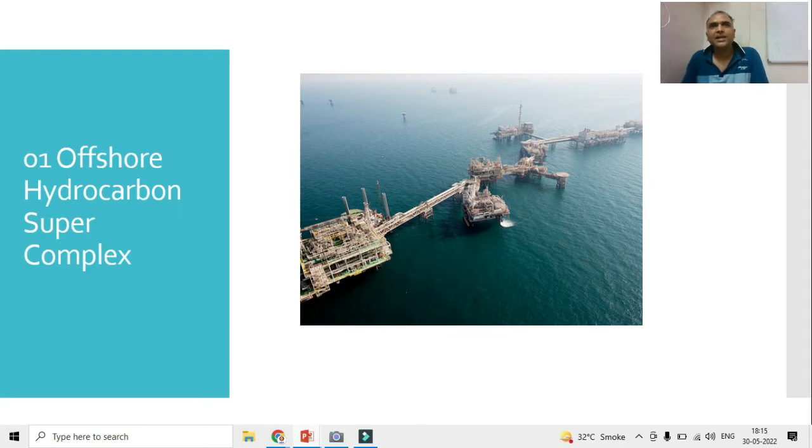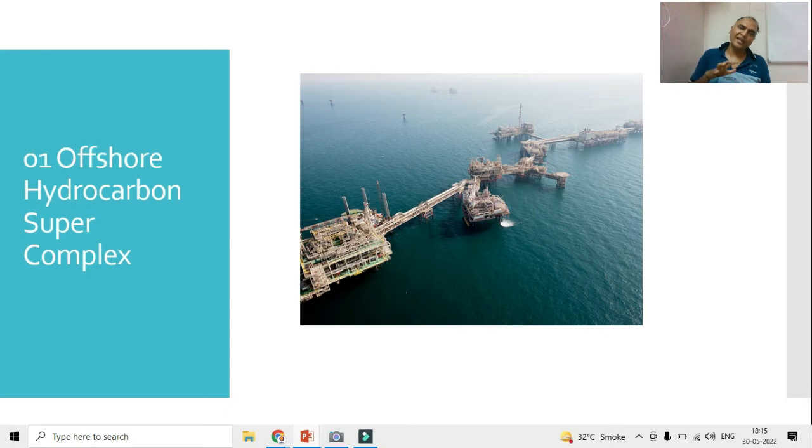I remember when I worked on one project called Satal Razbot, the water depth was almost 14 meters, or somewhere 12 meters. So it is nothing actually. They developed one artificial island there, and on that island they installed all the onshore facilities.